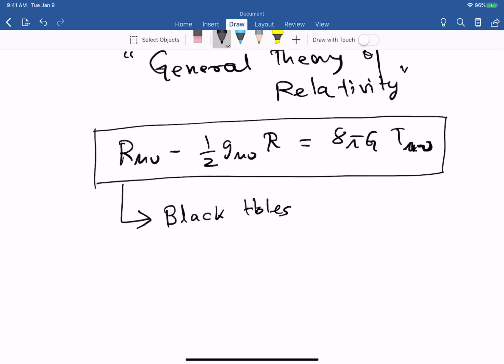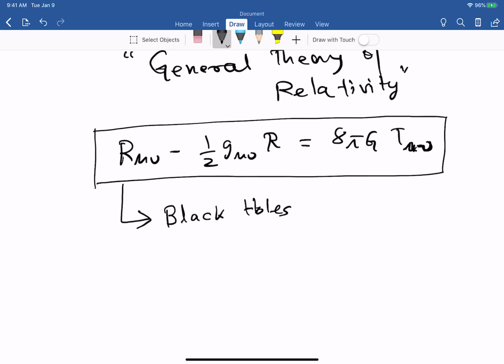What are black holes? Black holes are these incredibly bizarre objects which have infinite density, right? So you can think of a black hole as a point, a mathematical point, not a physical point. A physical point still has some spatial extent, but a mathematical point has zero spatial extent.